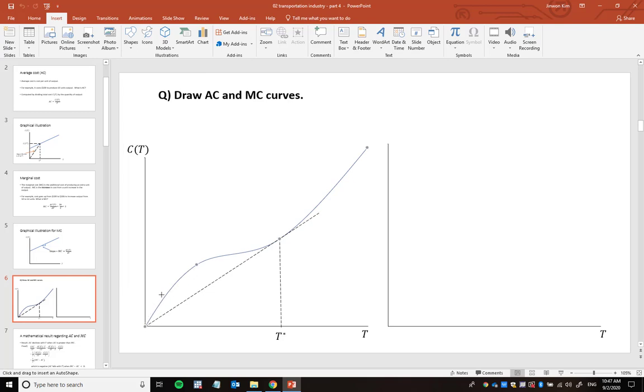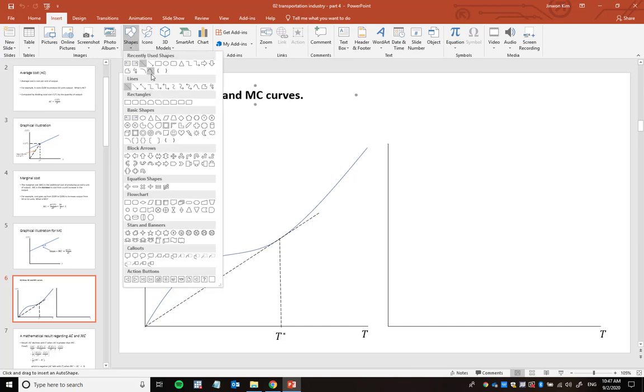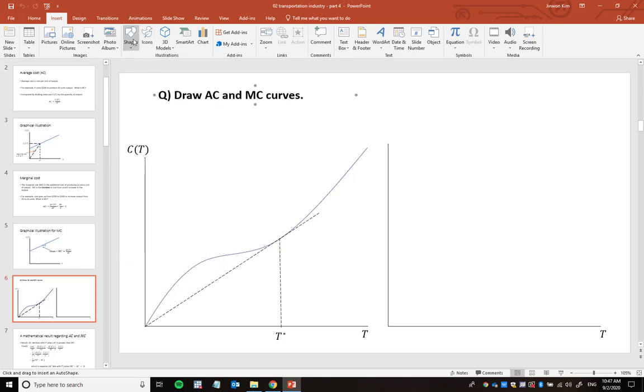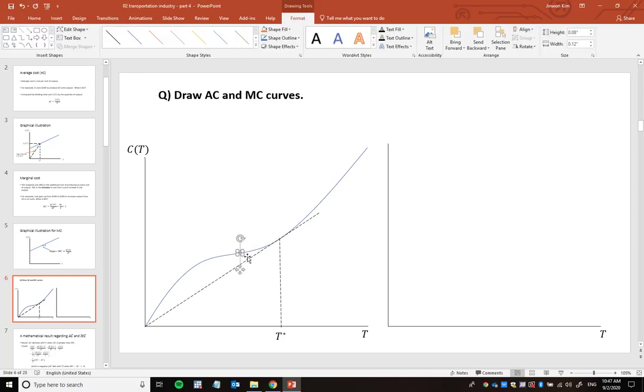Marginal cost, as you can see, initially the slope is diminishing like this. The slope is diminishing until this part. However, after this part, the slope is increasing. So marginal cost is initially declining, but after this particular point, around this point, marginal cost is increasing.